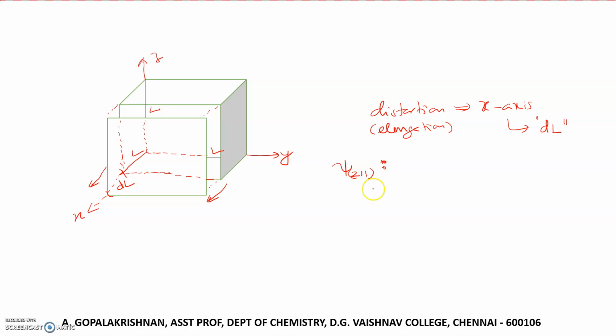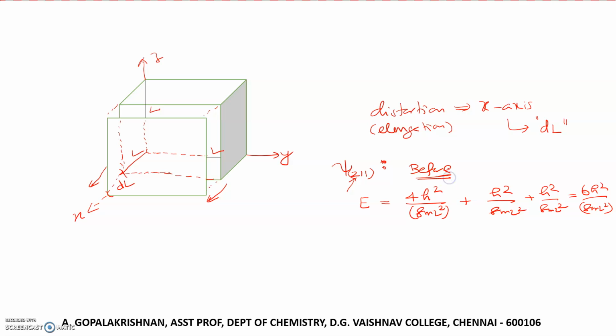Before distortion, the energy of this state is, nx is 2, so 2 square is 4, h square by 8 ml square, plus ny is 1, so h square by 8 ml square, nz is also 1, so h square by 8 ml square. If you add everything, you will get 6h square by 8 ml square. This is the energy of 211 state before distortion.